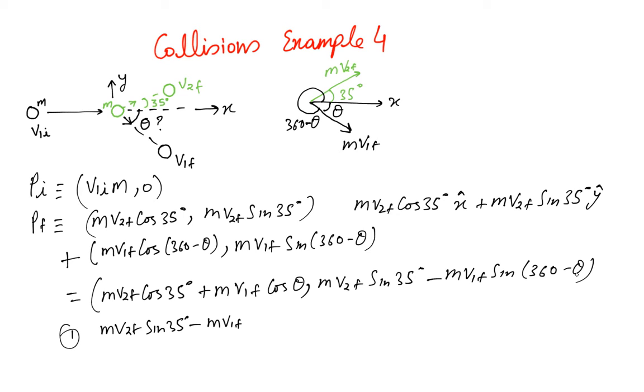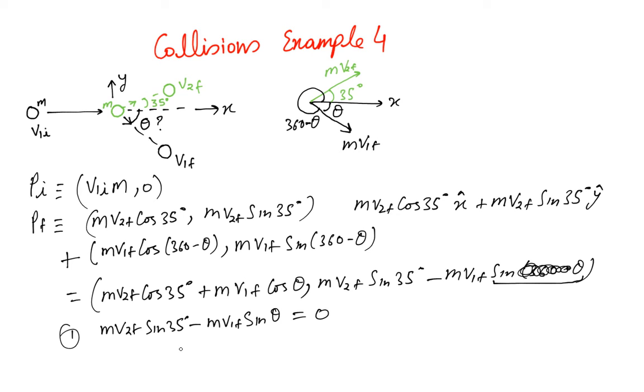Looks like I made a mistake here. This should be just theta. So this is sine theta, and this is going to be mv1f sine theta, and this should be equal to what? 0, because there is no y in the initial momentum, so there should be no y in the final momentum also.